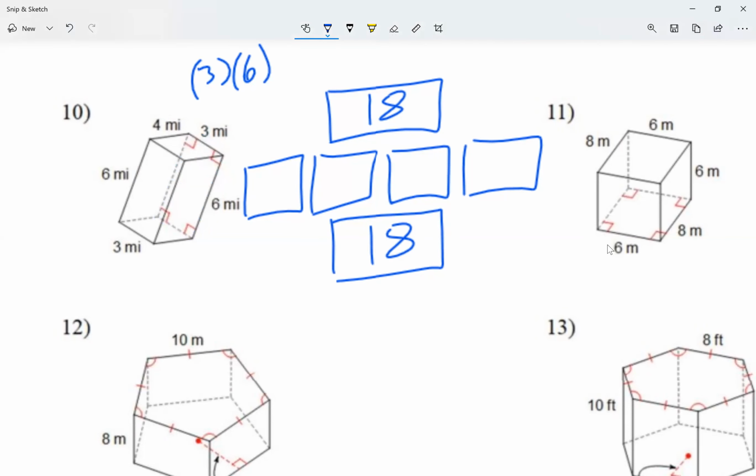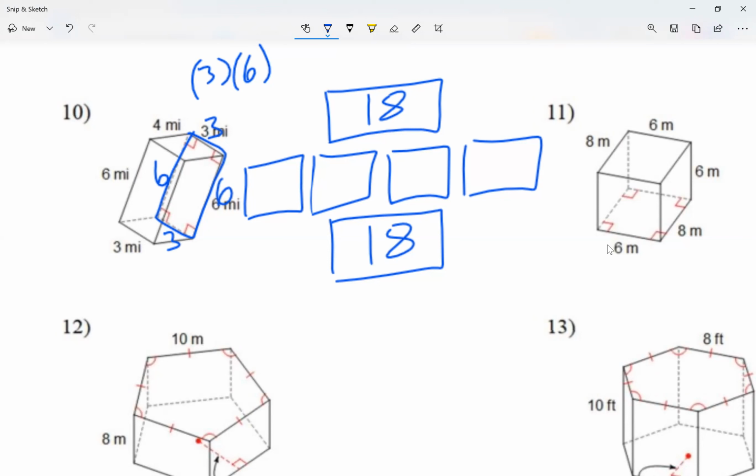Now, looking at the base again, let me highlight the base again. Let me see the numbers of each of my sides. I know one side is 3, the other side is 6, the third side is 3, and the fourth side is 6. I need to know the measurement of each of my sides.